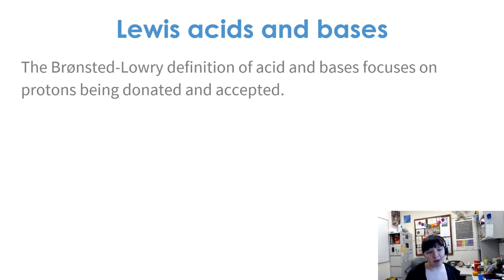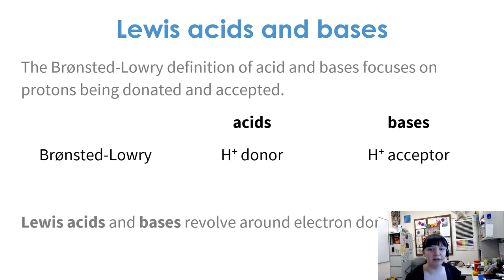As a reminder, Bronsted-Lowry defines acids and bases as basically this movement of protons, right? Whether a proton is being donated by an acid or accepted by a base. It's the proton that is the main star of our Bronsted-Lowry definition. Lewis acids and bases, however, focus on electrons. I think of electrons as the opposite of a proton in a way, in terms of charge.